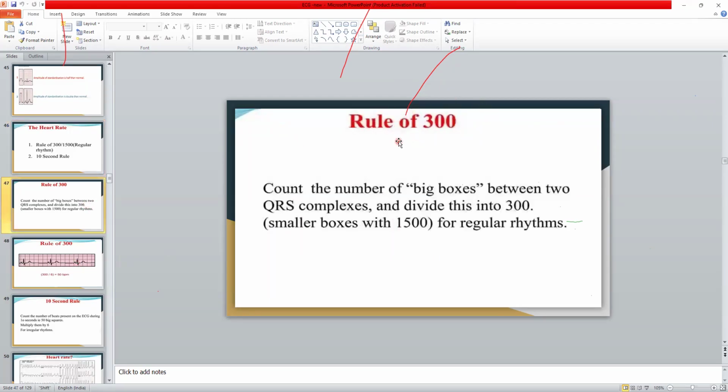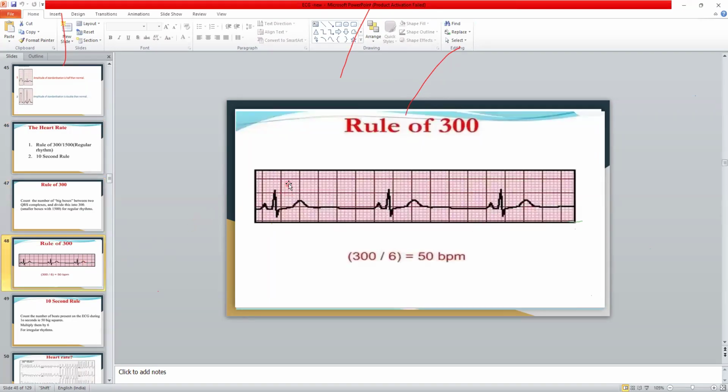In the rule of 300, you have to count the number of large boxes or big boxes between the RR interval, that is between the QRS complexes of the 2 complexes.